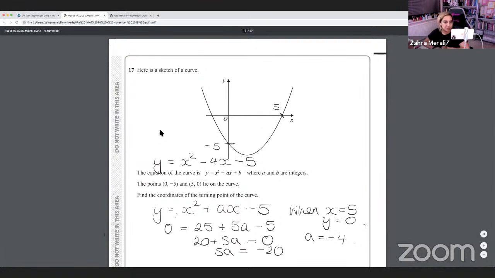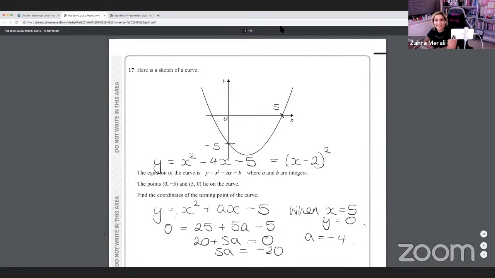I want the turning point, which means I need to complete the square. Okay, I can do it. So if I complete the square, I half what's in front of the x. So I get (x minus 2) squared.